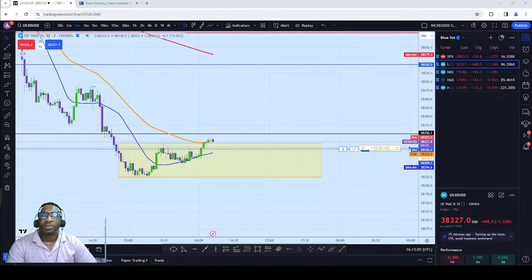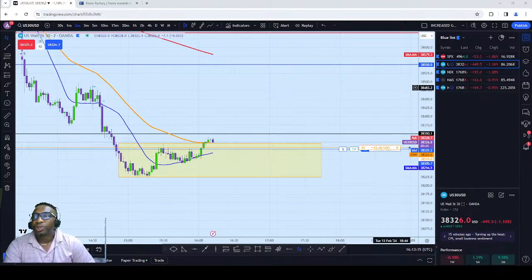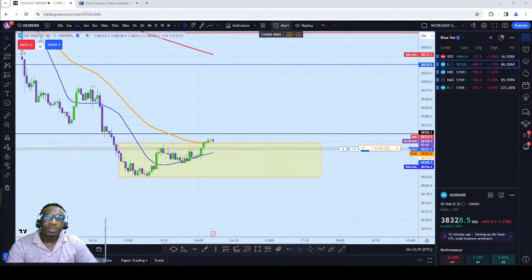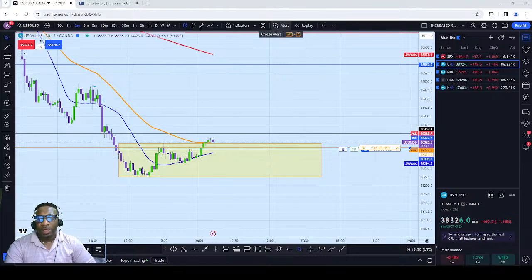Yeah, which one is this? Okay, NAS is kind of pulling back a bit, but it seems US 30 is holding up. We want US 30 to hold up and push higher, and just follow what NAS has been doing. Take the footsteps of NAS and run.